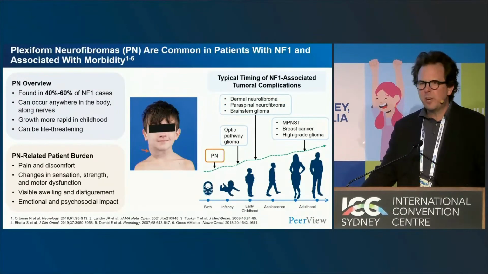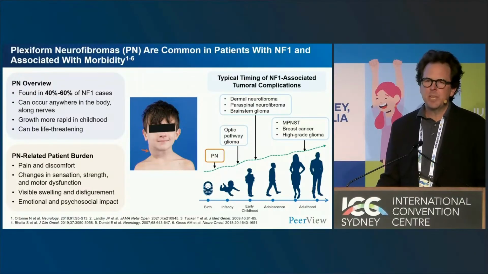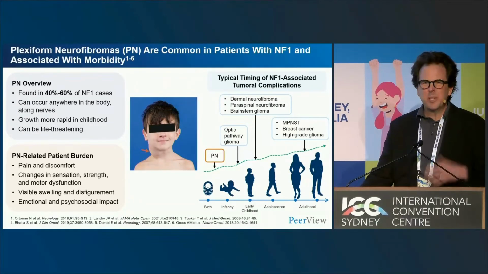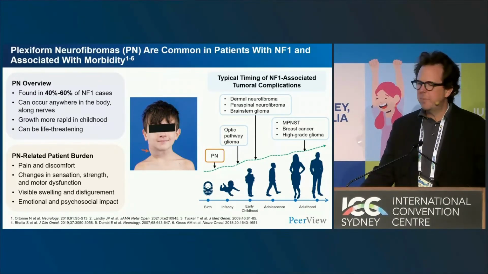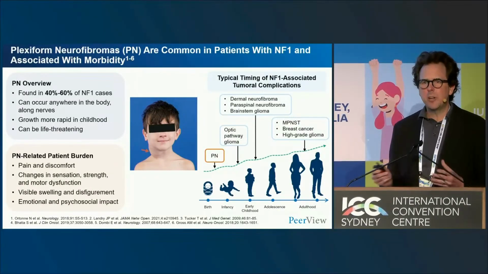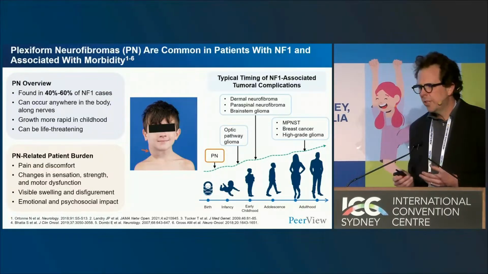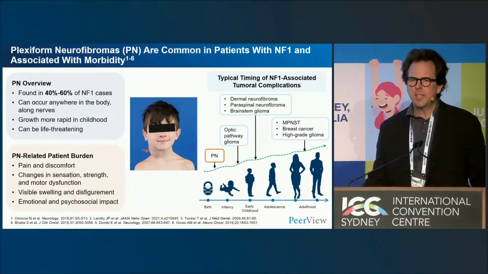So plexiform neurofibromas are one of the biggest challenges in looking after patients with NF1 and have associated substantial morbidity for patients. We estimate these occur in about 50% of patients and can occur anywhere in the body along the nerves. They typically grow more rapidly during childhood and can actually be life-threatening.